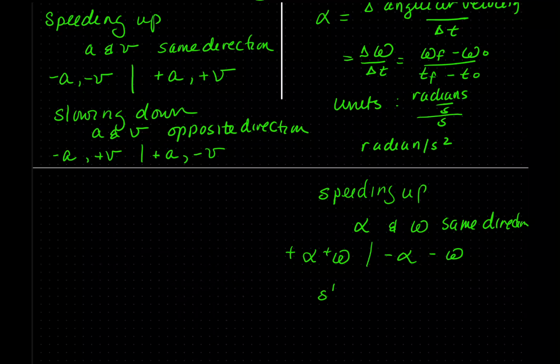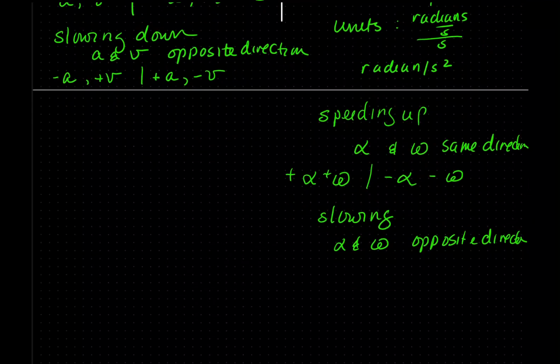If it's slowing down, alpha and omega must be in opposite directions, similar to linear acceleration. And so if alpha is in the negative direction, then omega must be in the positive direction and vice versa.